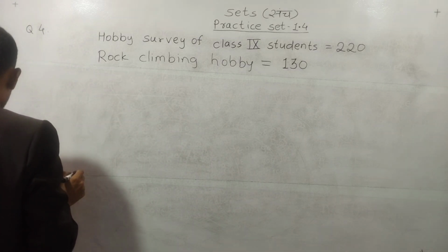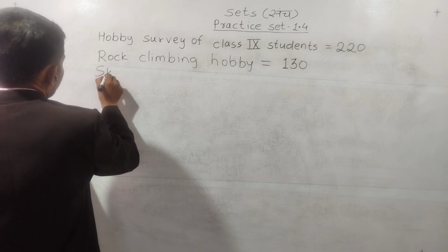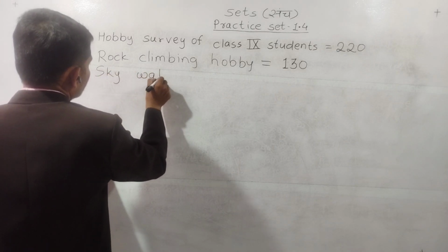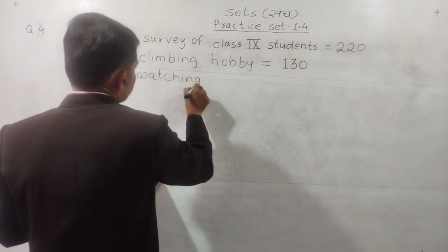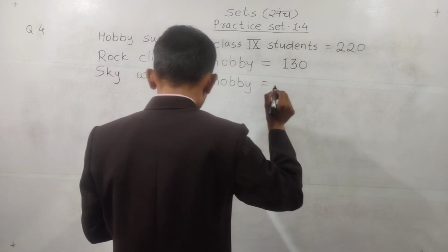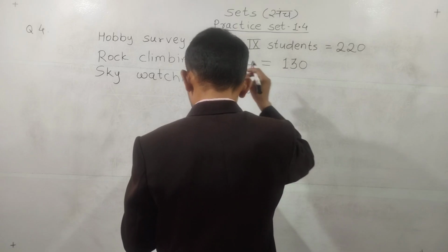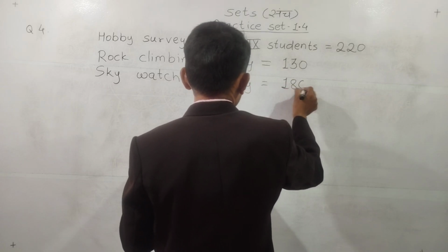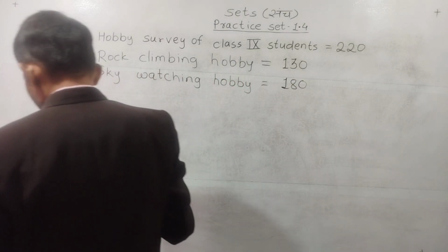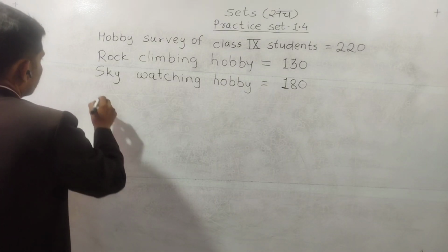And 180 students inform about their hobby as sky watching. Sky watching hobby. How many students are there in this set? 180 students. Okay, 180 students. Now, there are 110 students who follow both the hobbies.